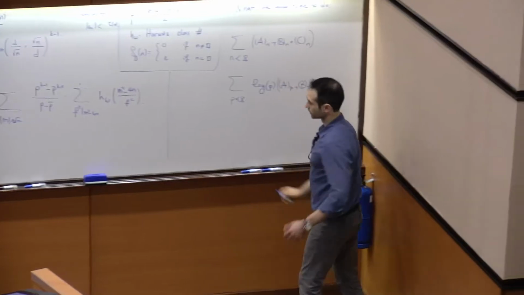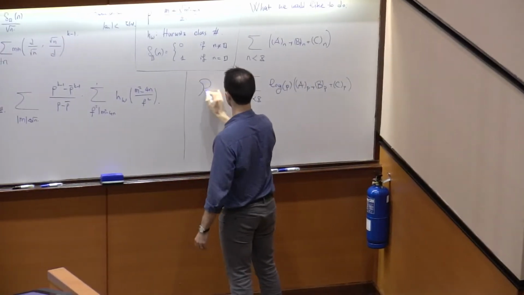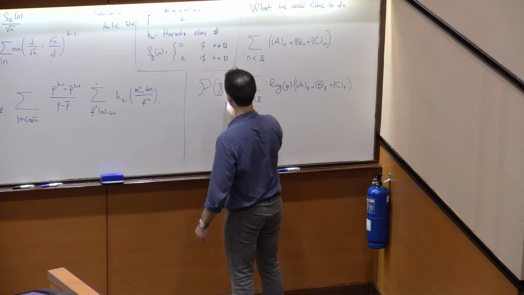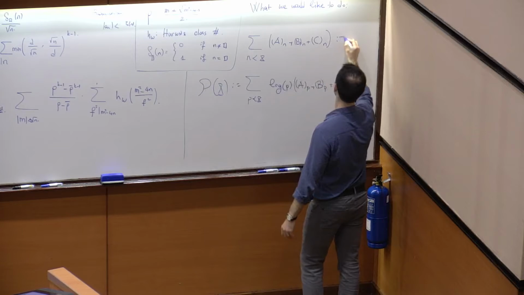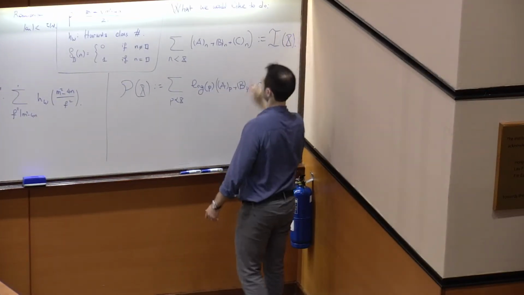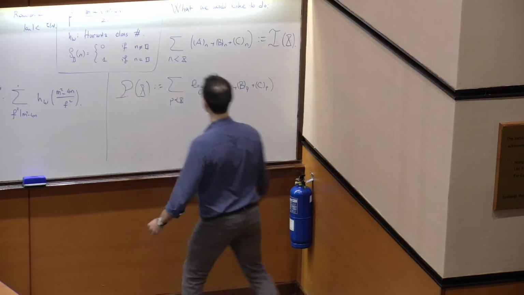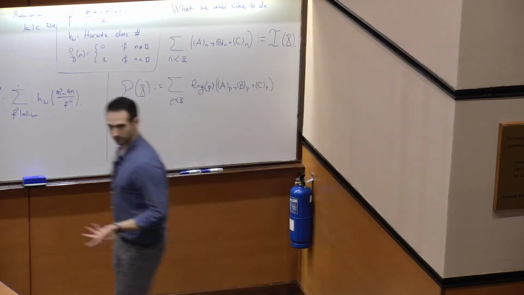So let me give these things names. Let's call this P(x) for the prime sum, and let's call this I(x) for the integer sum. I just don't want to write the whole thing over and over again. I means integer, P means prime.